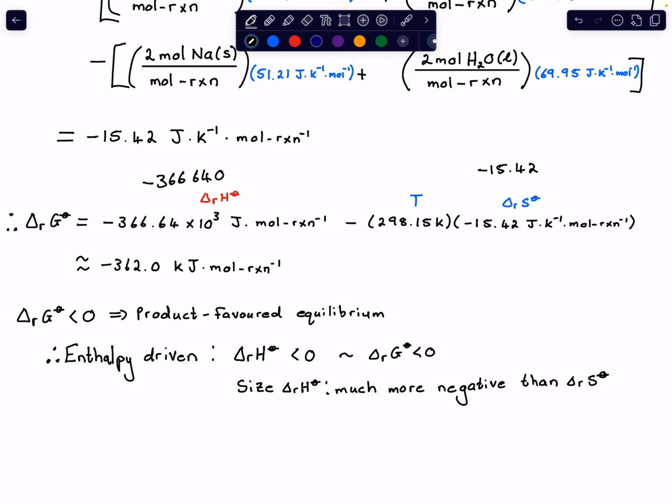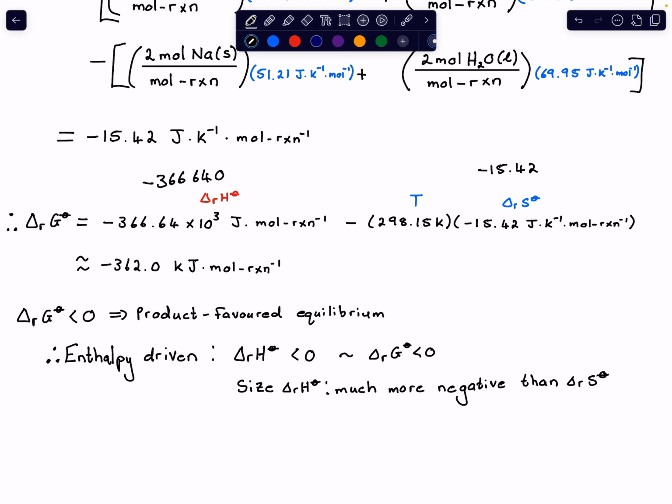So I know definitely which one is driving this reaction to be product favored, and that is the enthalpy. It's much more negative than the entropy, and the entropy's effect is just because of the temperature.